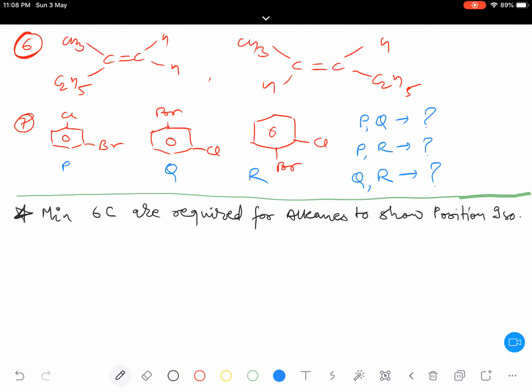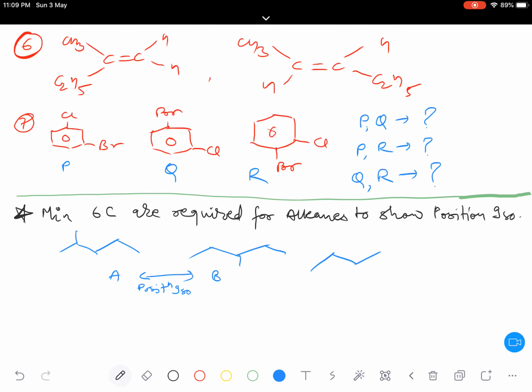I can write examples such as this. Now if I take the parent chain to be the same, these two, A and B, are position isomers to each other, right?